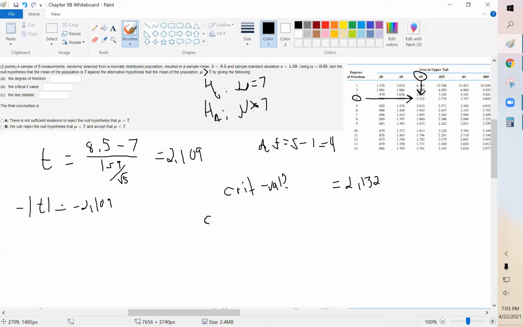So if you like it in equation form, 0.05 is equal to P, T is less than critical. Notice that made it positive, and thankfully, we're on the upper end. So we can just leave that there, but keep your signs in mind with this. The t-tables can be tricky.